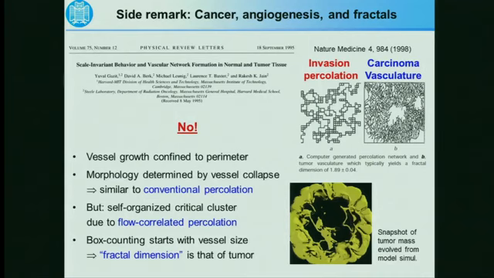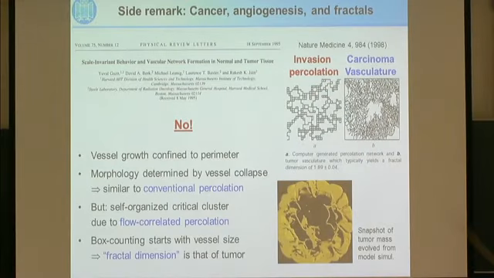I think the physical explanation is simply different. In particular, I guess you understand that also now on the background of the figures which I've shown before. The vessel growth is confined to the perimeter, and the morphology, whenever you want to characterize it by a number, is determined by the vessel collapse within the tumor, which is then similar to conventional percolation, where you remove links in a network with particular probabilities.